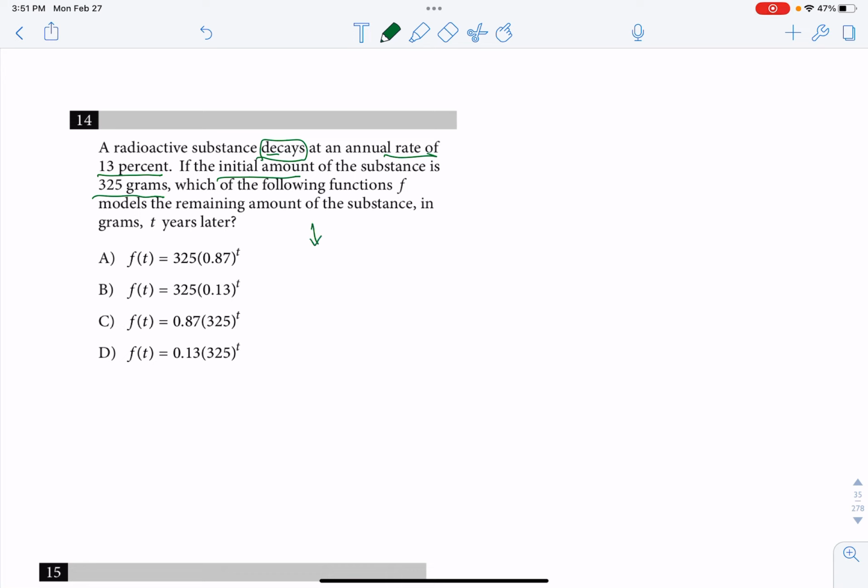This is representing decay, the wording decay with the rate 13%, initial amount 325 grams, representing exponential decay.